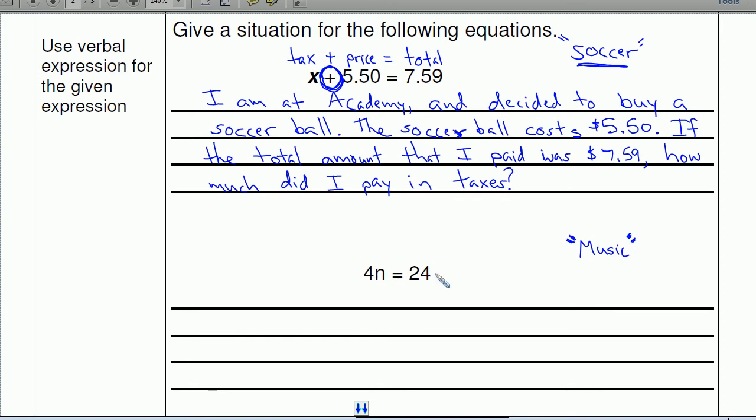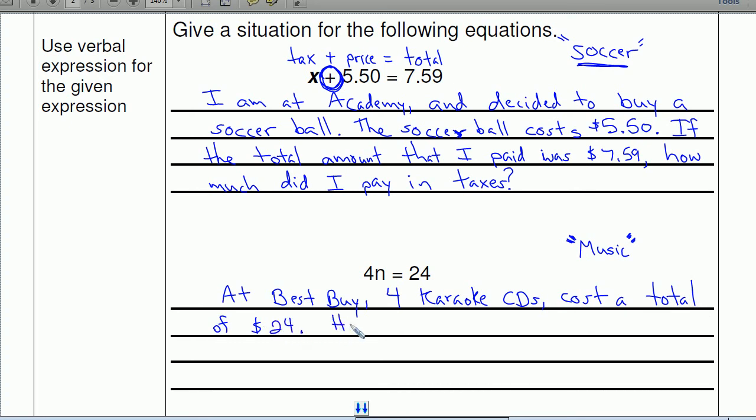4 times n equals 24. Let's say that I am buying 4 CDs. Okay, so I'm going to say at Best Buy, karaoke CDs cost a total of $24.